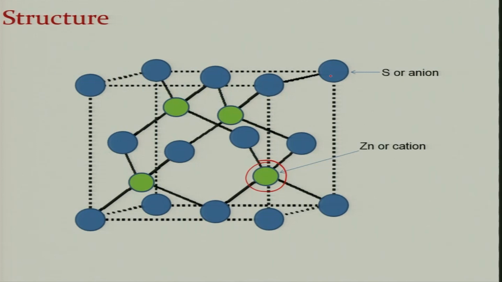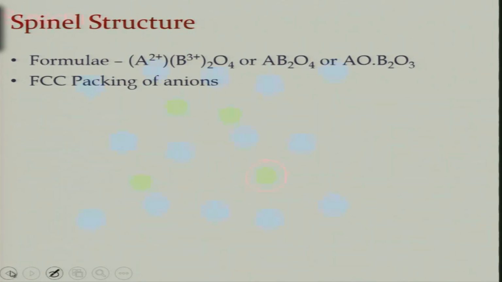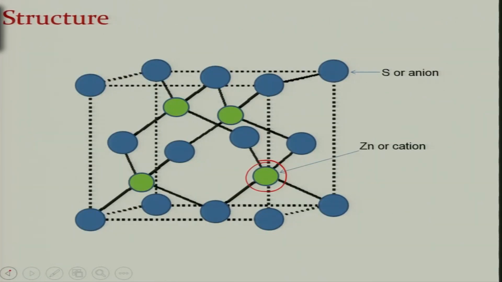This is called the sphalerite or zinc sulfide structure. It is a very simple structure, nothing very complicated about it. Sulfur has fourfold coordination, and zinc also has fourfold coordination.